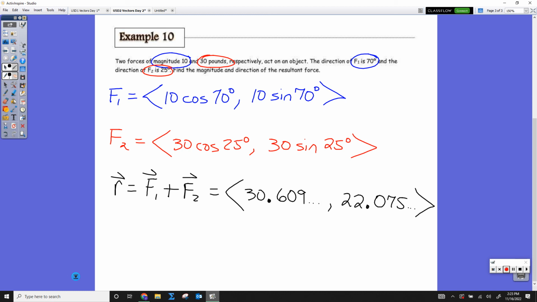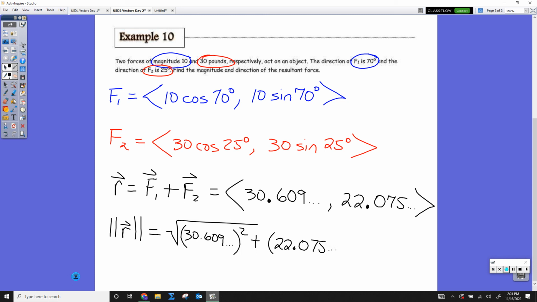So that's our resultant vector, and from there it says find the magnitude and direction of our resultant force. So we're going to say, all right, our magnitude, remember it's equal to, you take both those pieces, 30.609, make sure I put that, square it, and we're going to add that to the 22.075 and square it.